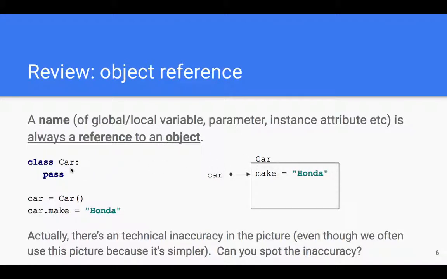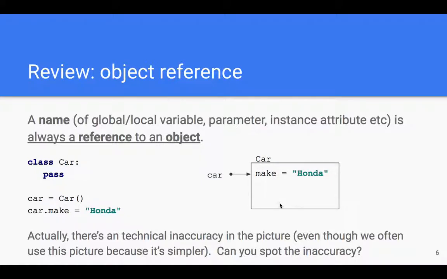So for example here, we created a car instance and assigned it to the name car. So the name car is really a pointer to an instance of car. That's how we might want to see it in pictures.